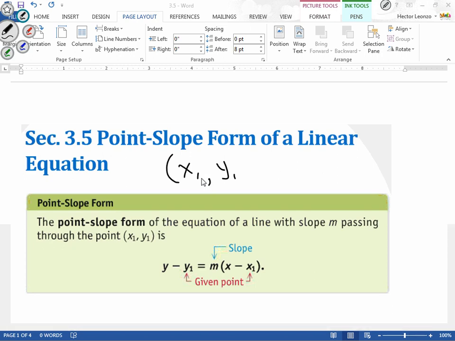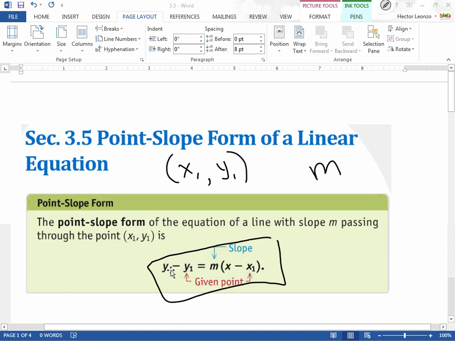That means the x of the one point, the y of the first point. And let's call m the slope. Given that information, we're going to use this formula here: y minus y1 equals m times x minus x1.